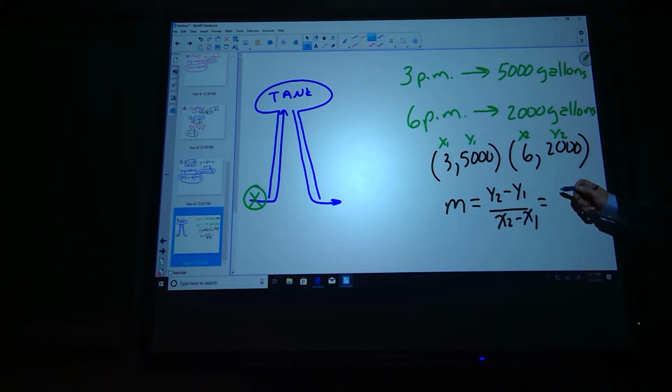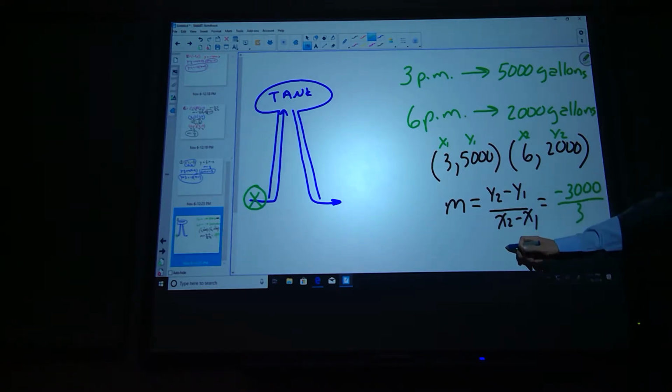Is it negative 3,000? Is that okay? And then 6 minus 3 is? Can I reduce that? What does it reduce to? Negative 1,000.